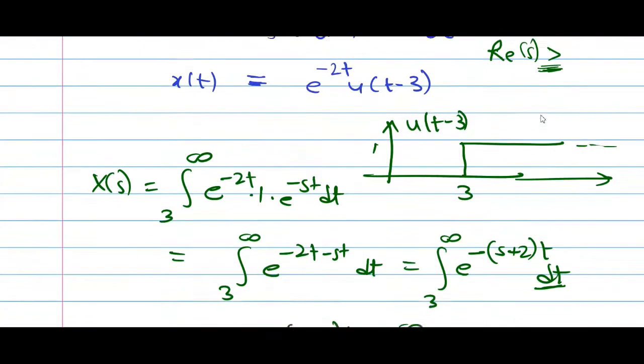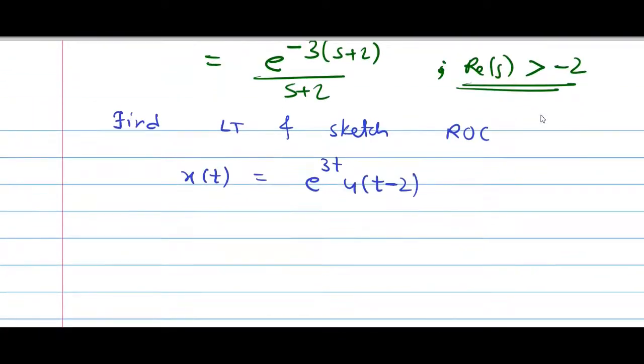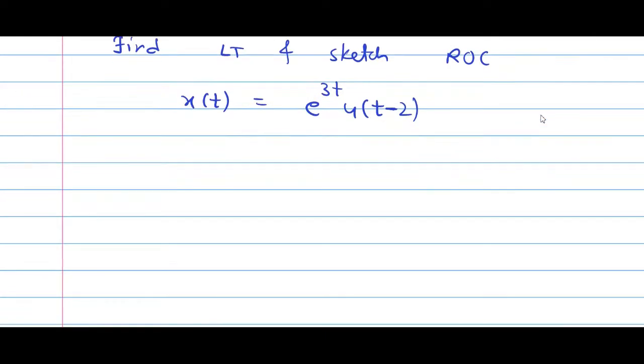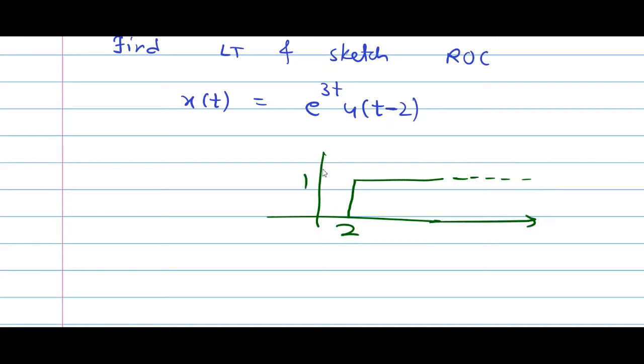Okay. Next question, find Laplace transform and sketch ROC for x of t equal to e raised to 3t u of t minus 2. So you know that u of t minus 2 is present from 2 to infinity, and it has amplitude 1. So unit step signal decides our integration limits. So our signal is present from 2 to infinity.